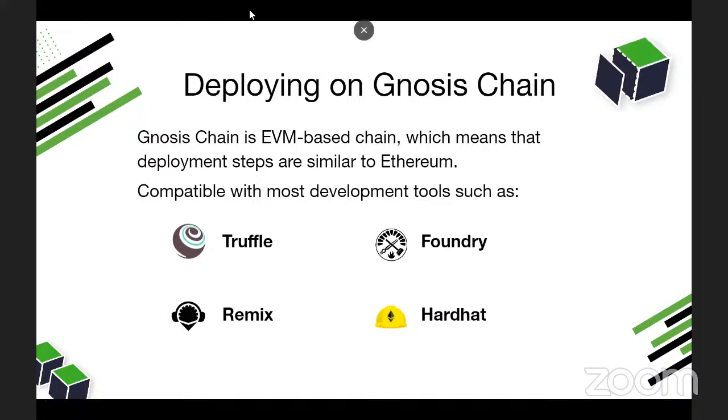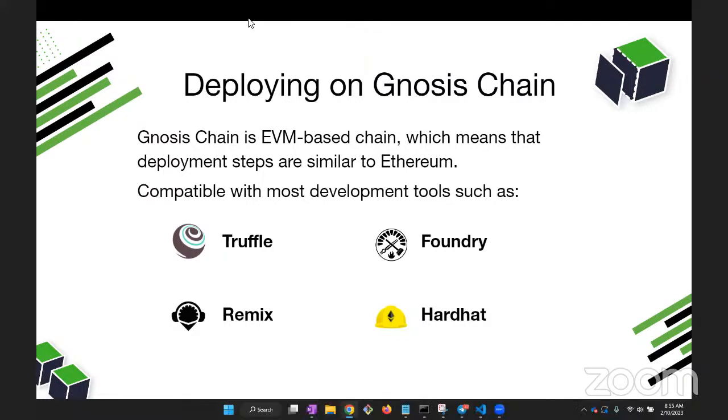Hi everyone. Yeah. So Gnosis chain is actually an EVM-based chain. So the deployment steps are similar to Ethereum. It's compatible with most development tools such as Truffle, Foundry, Remix, and Hardhat. Next slide.